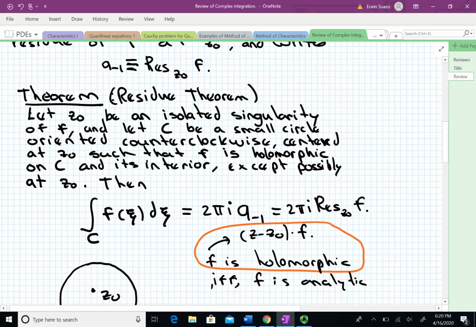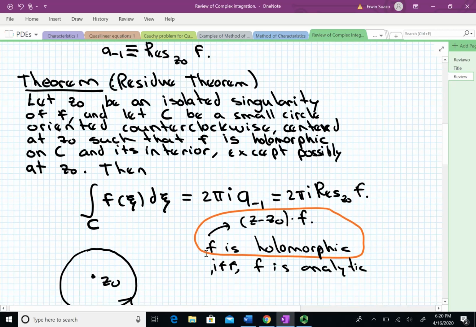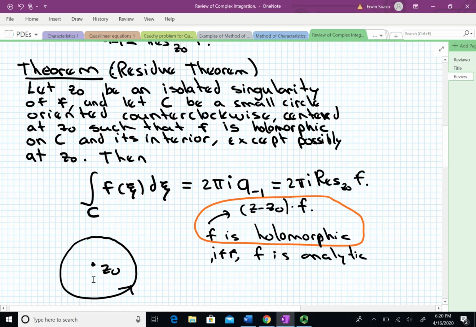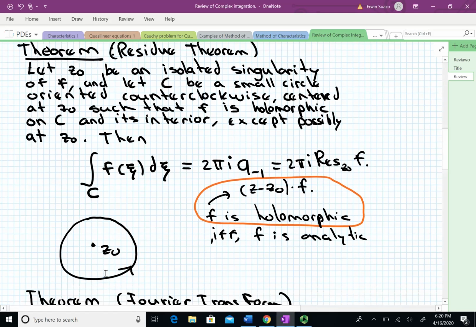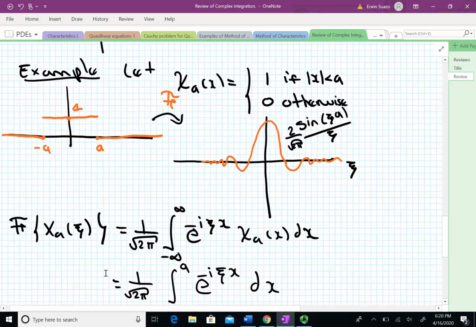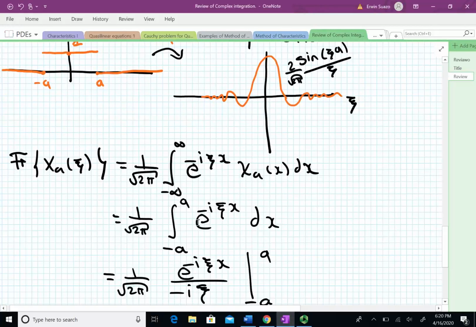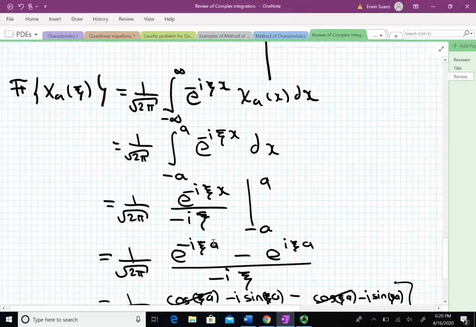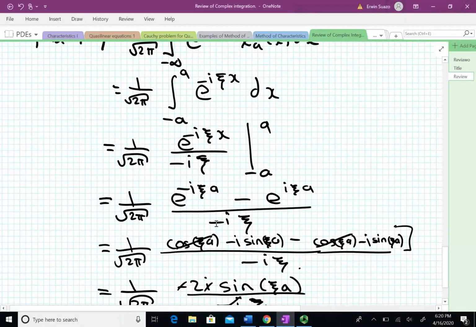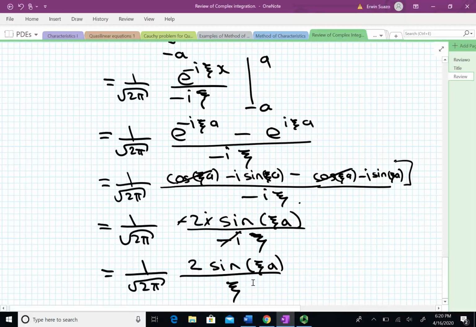So let c0 be an isolated singularity. That means division by 0. This is really what we are talking about here. If you don't have singularities, you don't have division by 0, and your integration is going to look very nice. If you can apply the fundamental theorem of calculus, it just looks like calculus.